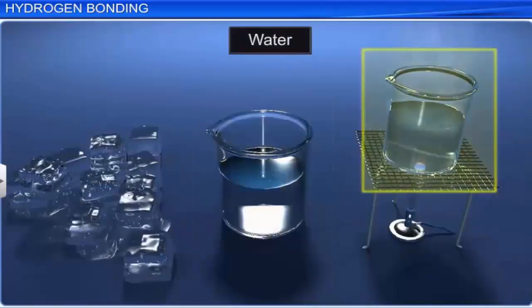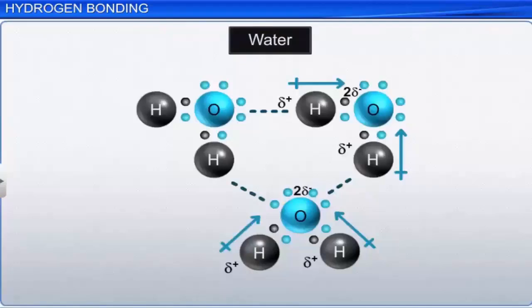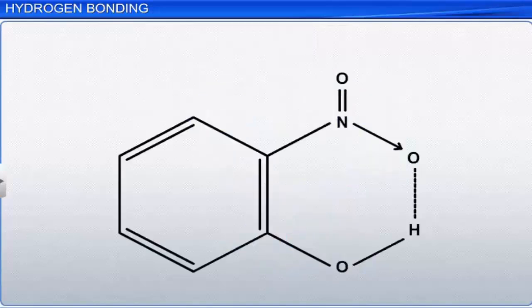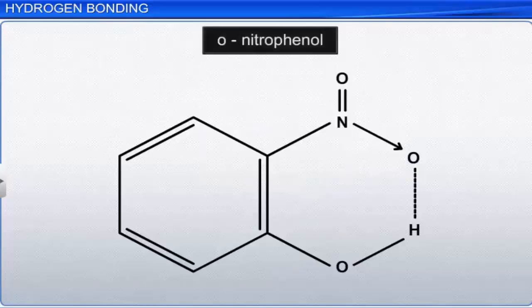The hydrogen bond present in water is said to be an intermolecular bond, which means that the hydrogen bond is formed between 2 different molecules of the same or different compounds. However, in certain compounds like orthonitrophenol, a hydrogen bond is formed between the hydrogen atom of the hydroxyl group and a highly electronegative atom, that is oxygen of the nitro group, present within the same molecule.